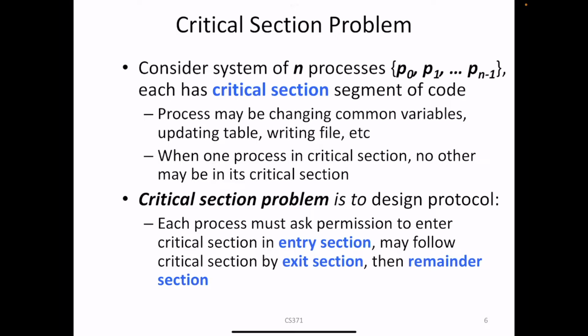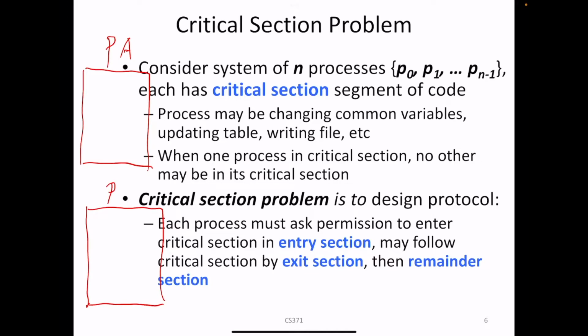For example, say we have two processes. We have a process A, which we call PA, and another process, which we call PB. PA has non-critical sections and also an instruction to enter the critical section.